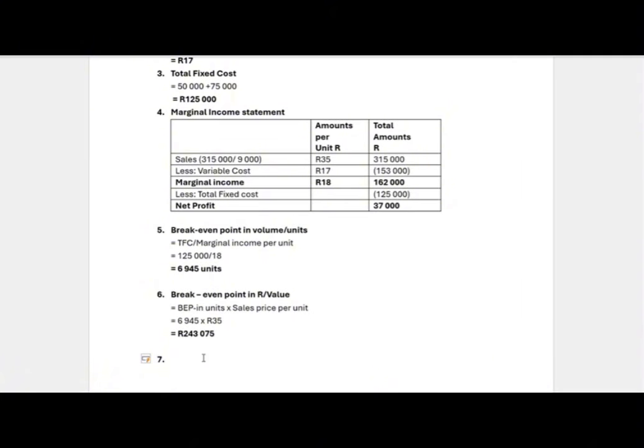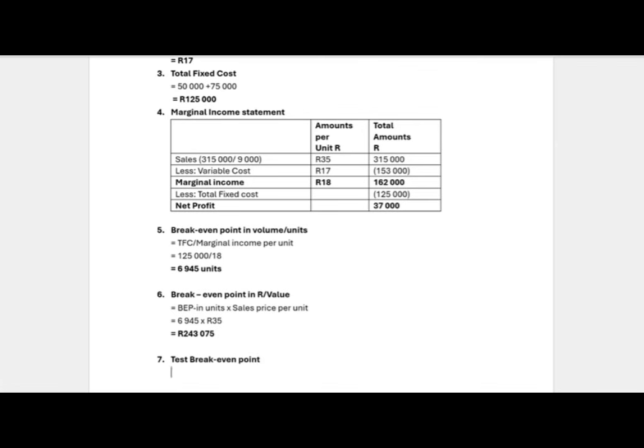All right, so let's see how we test our break-even point, because number 7 wants us to test our break-even point.